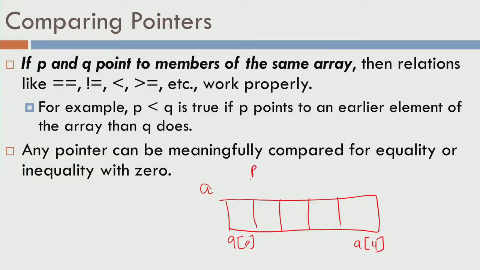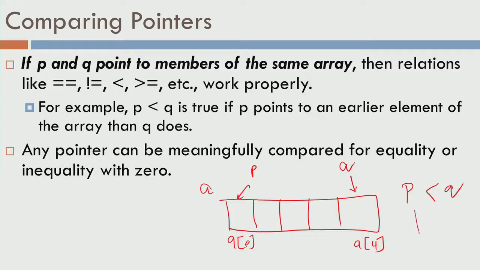If I make p point at one location and q point at another, I can ask: is p less than q? The meaning is, is p pointing to a location that is earlier in the array than what q is pointing to. In this case p is less than q is actually true.